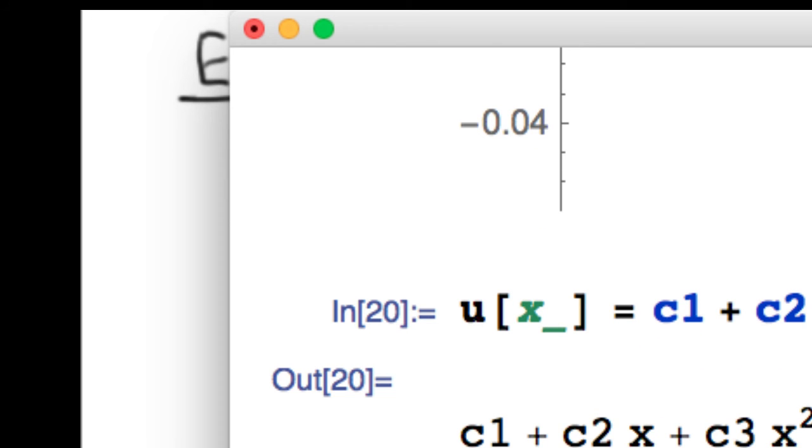Then if I say u at 1 must equal 0, I want to substitute in the first solution and solve for C2. Okay, so now I have that.